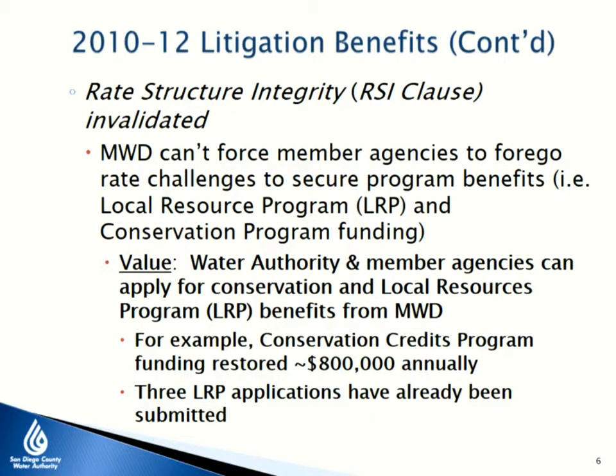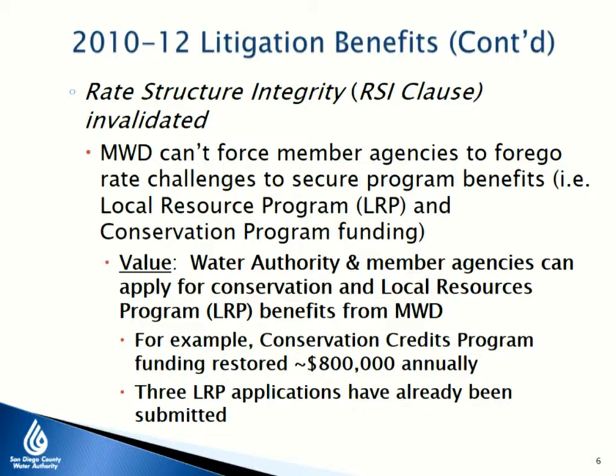So the result of that litigation is that Met can't force member agencies, such as the Water Authority or any others, to forego their rights to challenge rates or Met policies, et cetera, in order to get program benefits, i.e. the local resource program and conservation program funding. The value of that, of course, is that now the Water Authority and its member agencies can apply for conservation and local resource program benefits from Met, and in fact, we're doing so. There's, as you see on the bottom bullet there, 3 LRP applications already submitted by the Water Authority and member agencies.